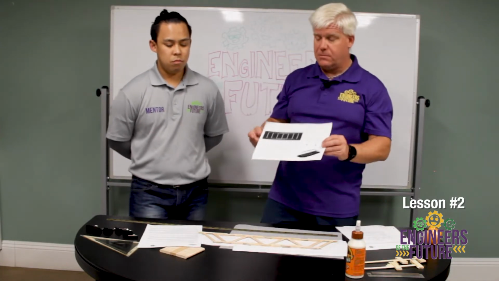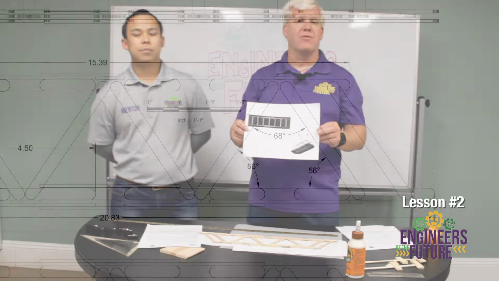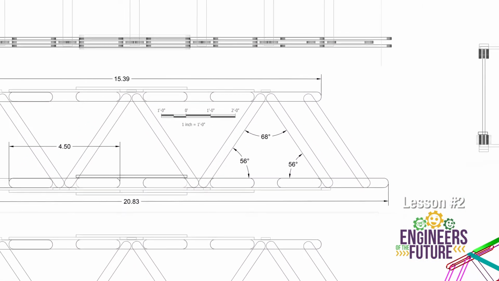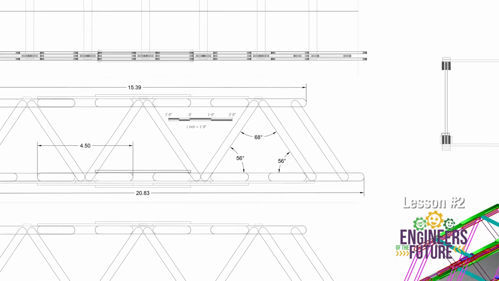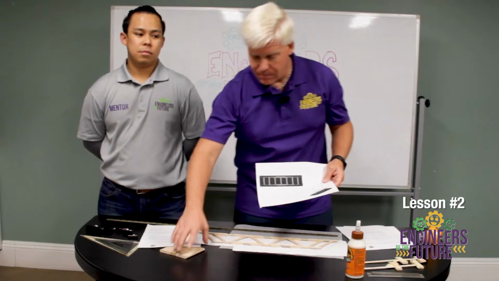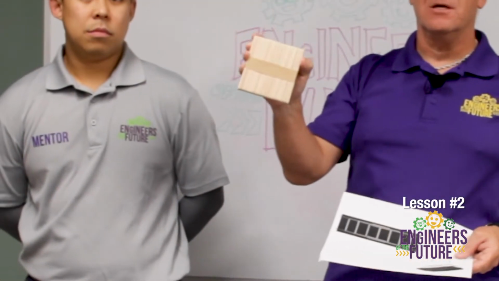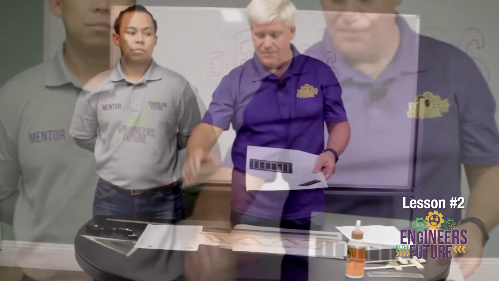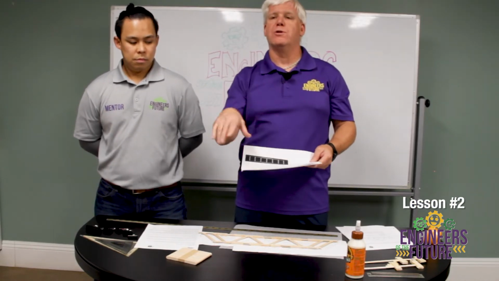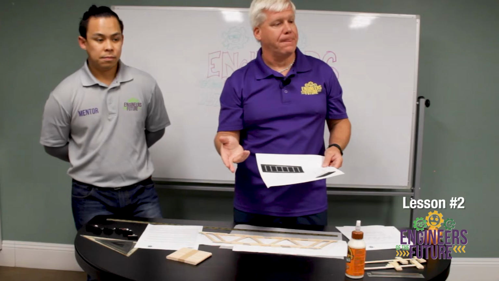So in this case, I spent a lot of time thinking about a truss bridge, how big it would need to be, and then I drew it to scale using the parts, popsicle sticks, drawn to scale, so that I knew exactly where every piece would go so that I could build it.